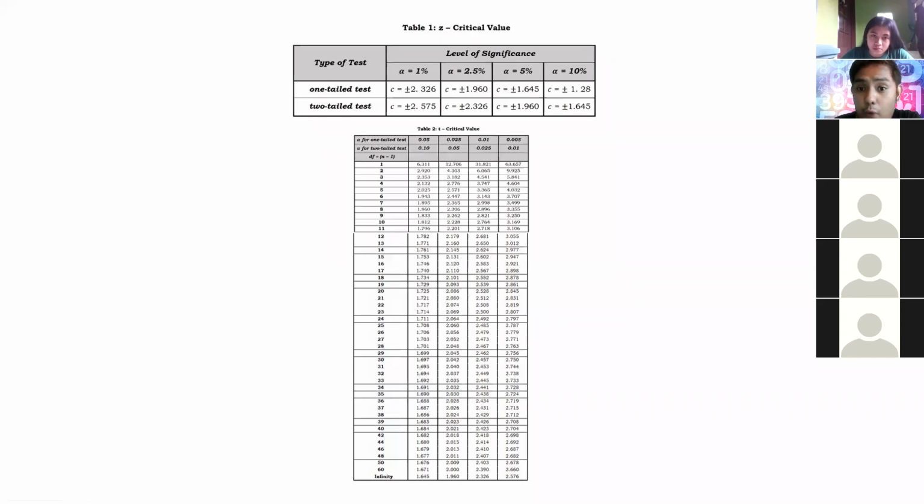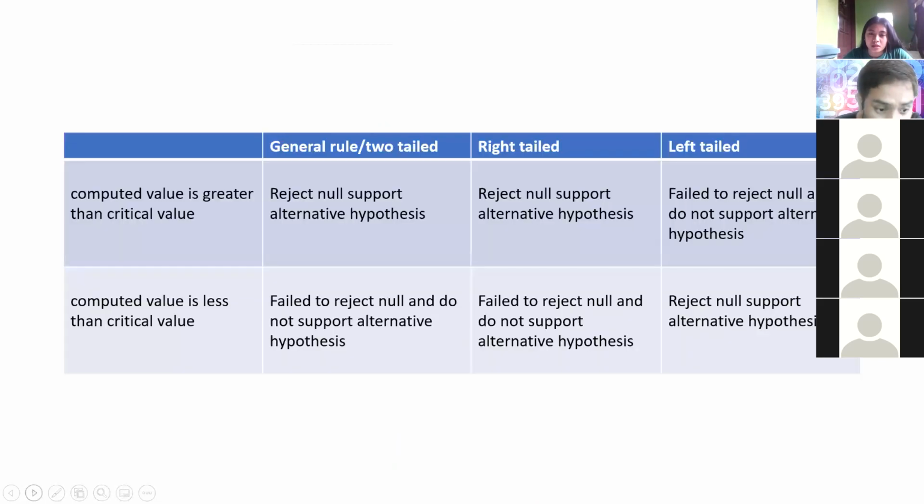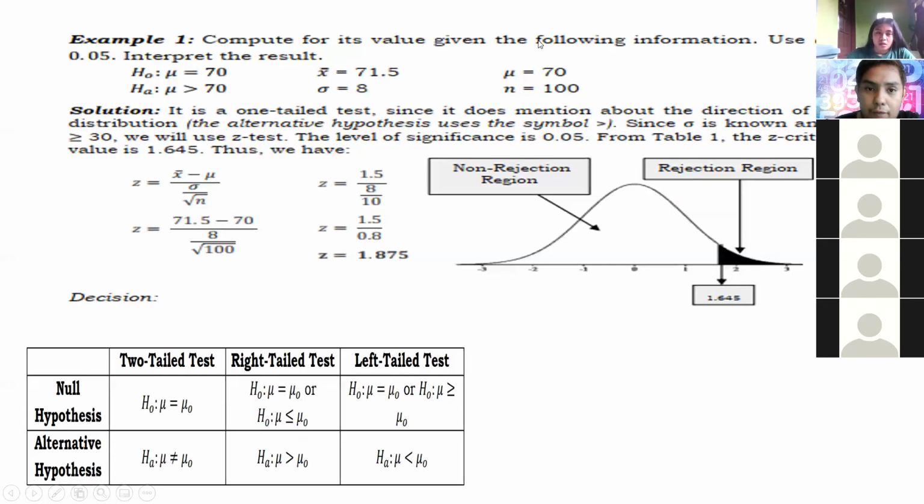Sabi natin kanina, it's one-tailed. Kasi directional nga siya. So, ang value natin ay 1.645. So, punta tayo ngayon. We have the z critical value as 1.645. It can be positive, negative. And we have this computed z, which is 1.875.